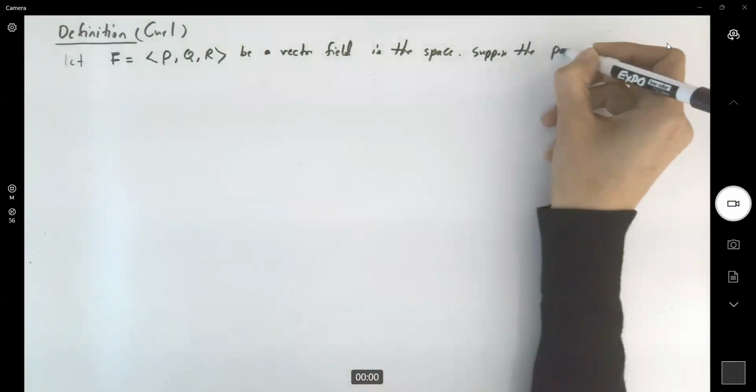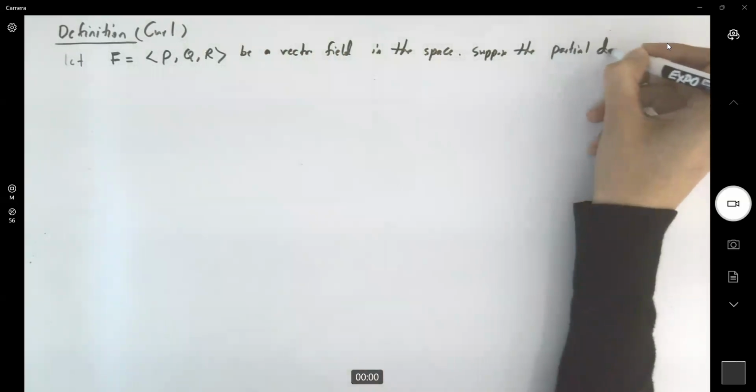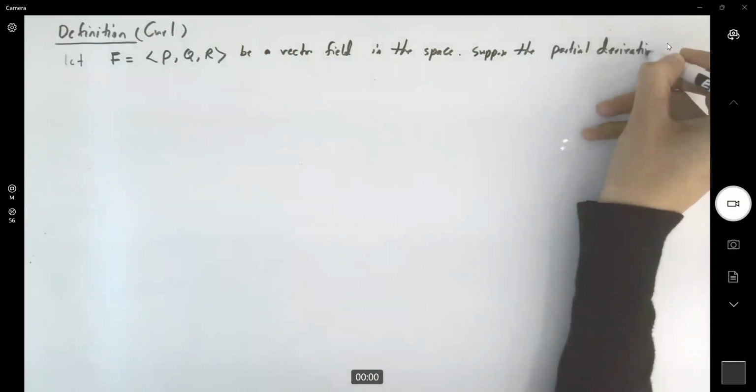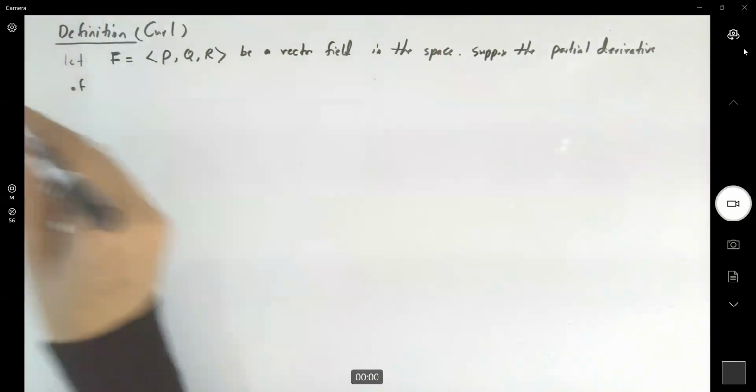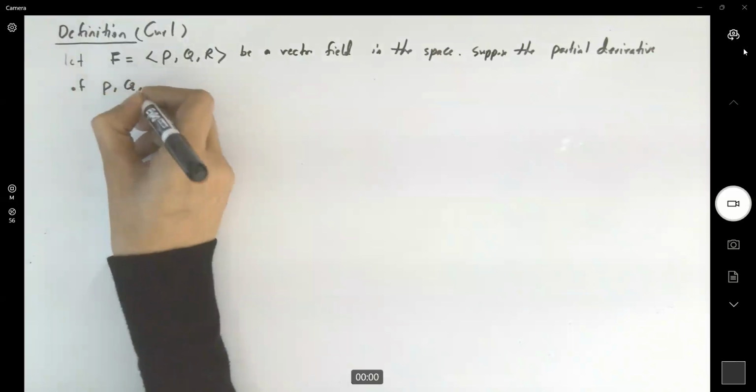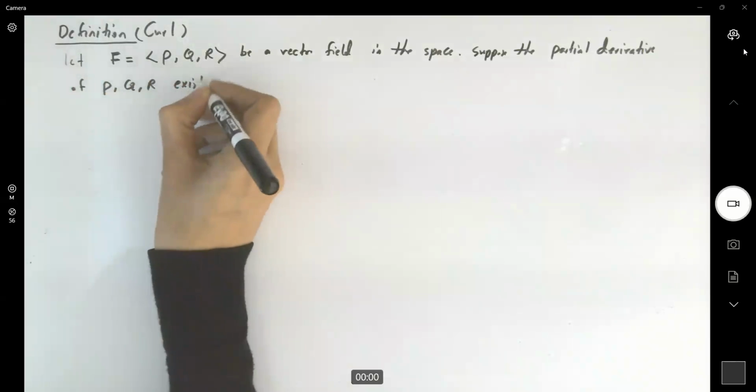The partial derivative of P, Q, and R all exist.